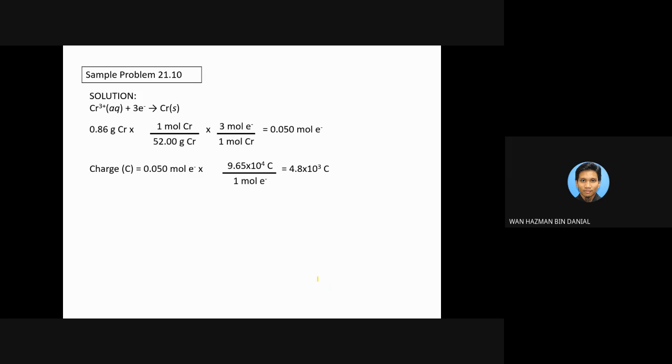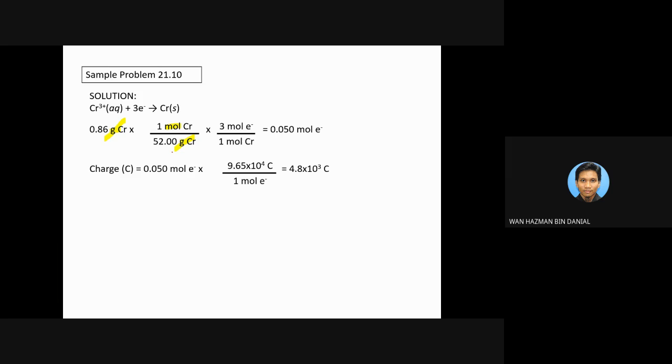So that is the equation. That's why I say you need to look at the unit. Please look at the unit. Gram divided by molar mass, which is mole per gram, so the gram cancels out and we get mole. So this is the mole of chromium, but we want the mole of electrons transferred.